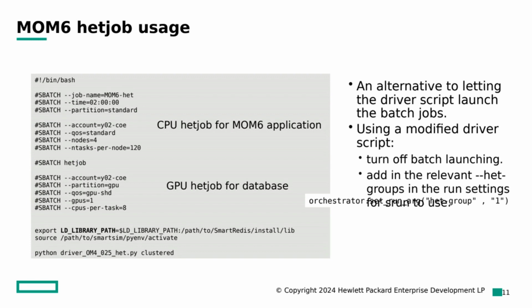And then you turn off the batch launch from the driver script because you don't want it launching it itself. And then you can run this. And then if you add in the relevant het groups as arguments to your srun, you can tell it to run the orchestrator on the GPU part and then the application on the CPU het job.